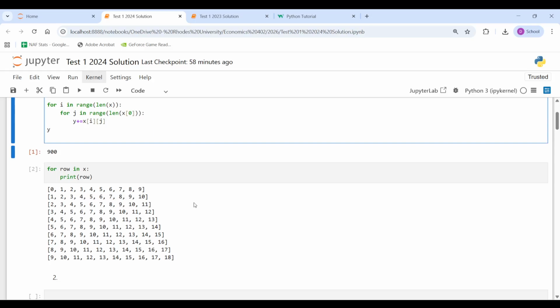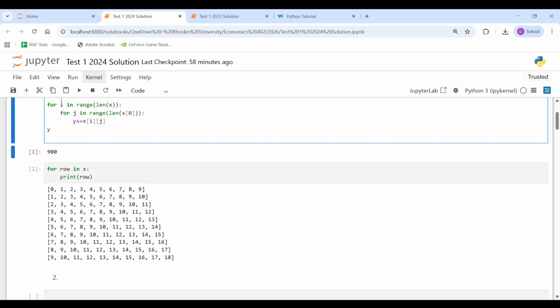Remember, i and j are indices, not values. So it's asking you how many times is j double i? So where j is equal to 2i, essentially. 5. Are we all happy with 5? Yeah.